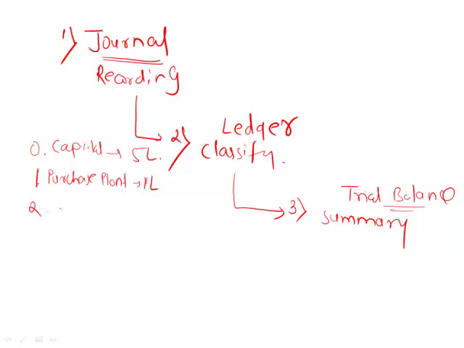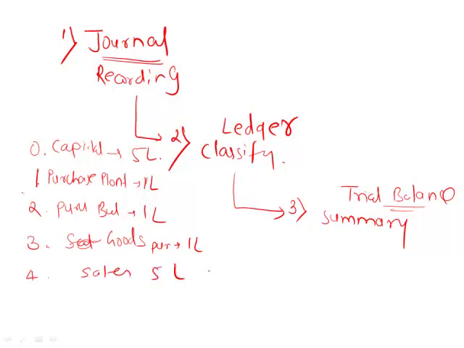Then transaction number 2, purchase of building, 1 lakh. Transaction number 3, goods purchased or raw material purchased, 1 lakh. Transaction number 4, sales, 5 lakh. Okay. Now all these are my 4-5 transactions.